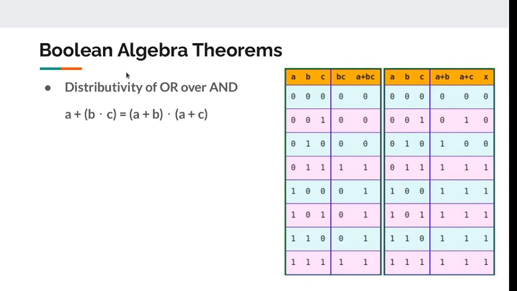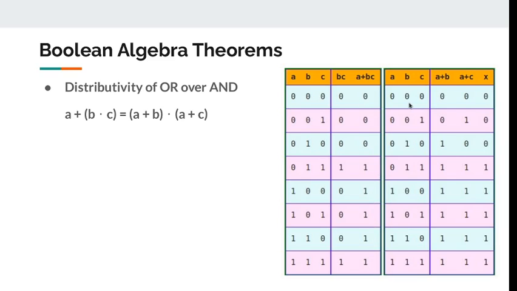And we have the same with OR. So A or (B and C) is the same as (A or B) and (A or C). I'm not going to go through all of this again. We have B and C here, you can check that, and A or (B and C).